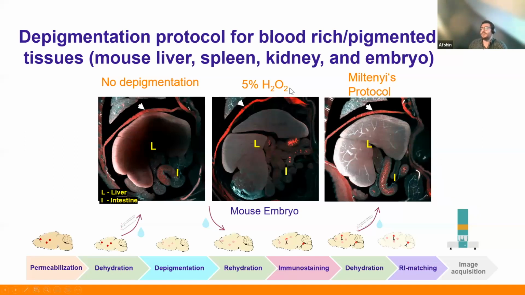And here we see the depigmentation done with hydrogen peroxide, which is the classical way of doing that. And then in our protocol, our protocol is slightly different. We are recommending to use carbamide peroxide, which is less harsh to the epitopes. Yeah, so this you can also find on our website for the depigmentation.